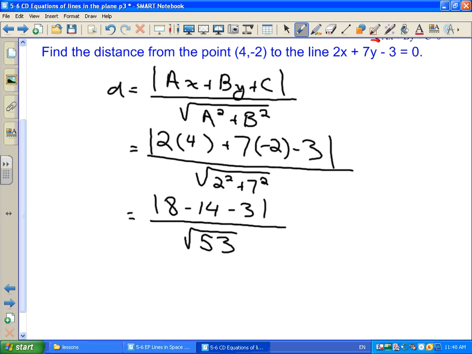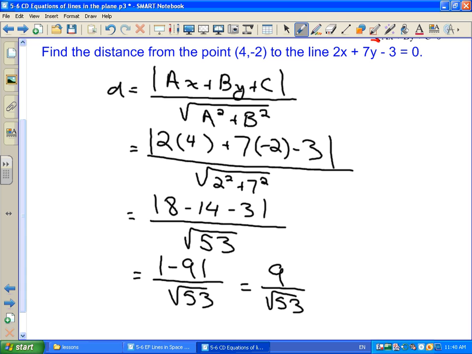My numerator works out to be, let's see, 8 minus 14 minus 3 is -9, over root 53. The whole point of taking the absolute value there is, just in case we get a negative, because we want the distance from the point to the line to always be a positive number. So this will become 9 over root 53.